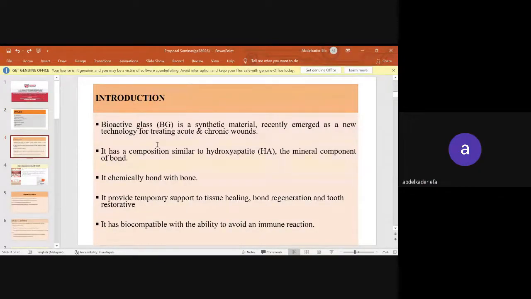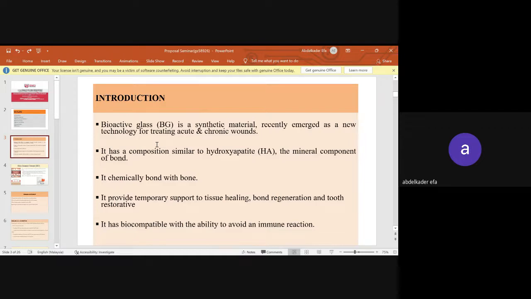Okay, Doctor, thank you. Bioglass describes a group of surface reactive glass ceramic biomaterials. These products are bioactive and biocompatible and are used in the repairing of bone in the human body which are broken or diseased.